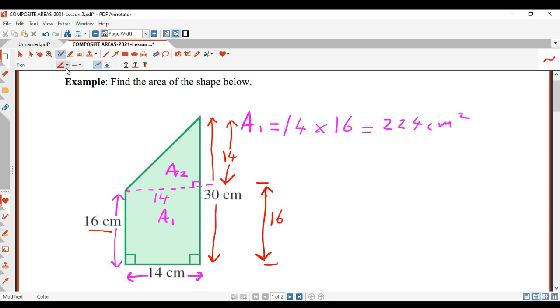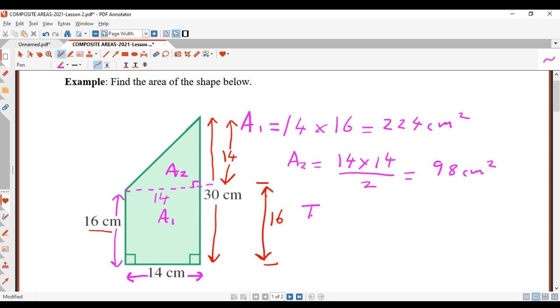So that means we can now work out what the second area is. So A2 will be, now the formula is base times height divided by 2. Now the base of the triangle is 14. The height of your triangle is also 14 in this case, divided by 2. Now put that into your calculator. You should get 98, and that's centimetres squared.